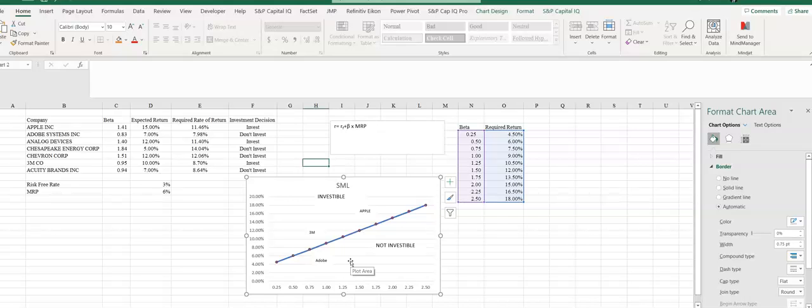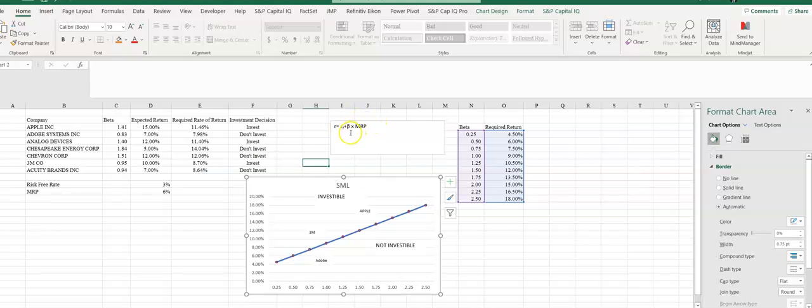So does this remain always like this? Well, if somehow things change in the market, and if these expected returns increase, this is unlikely to change unless market conditions change. That is, the required rate of return will not change unless the market price of risk and companies' riskiness change.